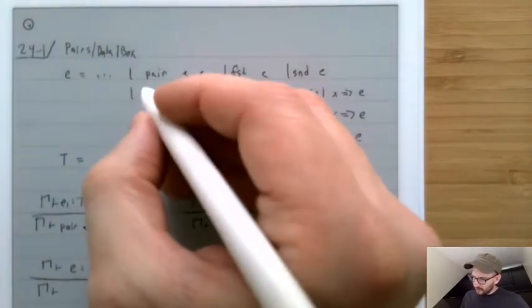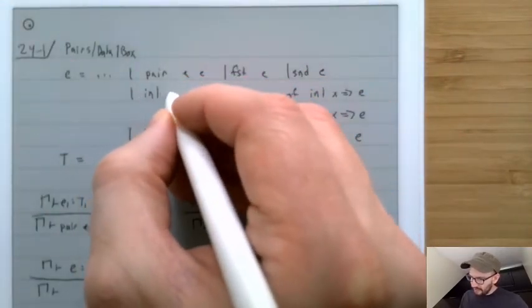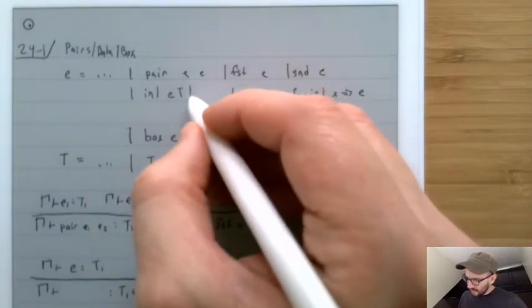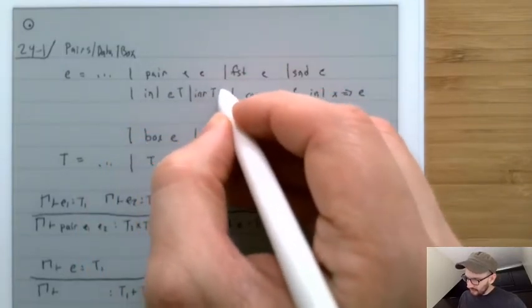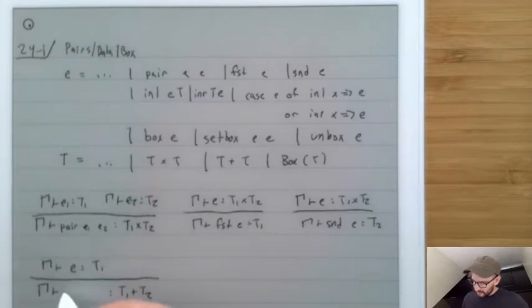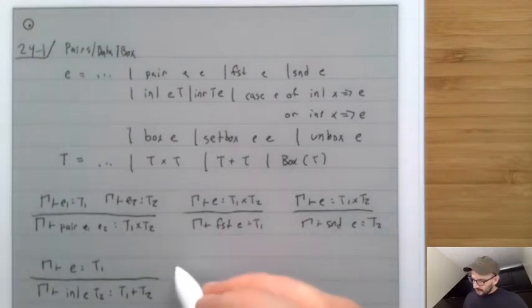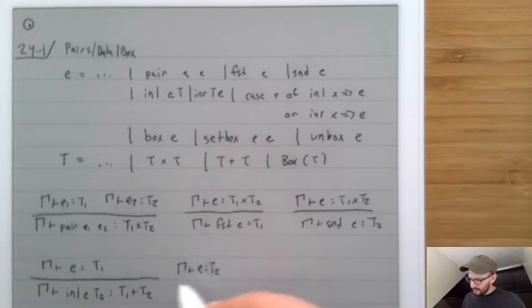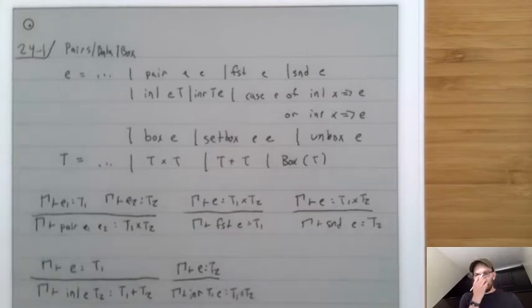Now when you write an in left, you have to have an E and a type, and when you write an in right, you have to have a type and an E. So we'll say in left E T2, because you have to say what the other side is supposed to be. Similarly, we'll say that gamma proves that E has type T2 means that gamma proves that in right T1 E has type T1 plus T2.